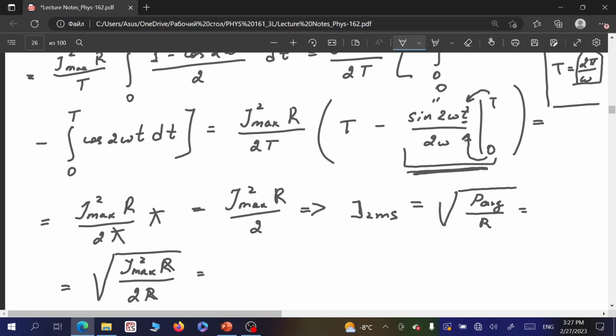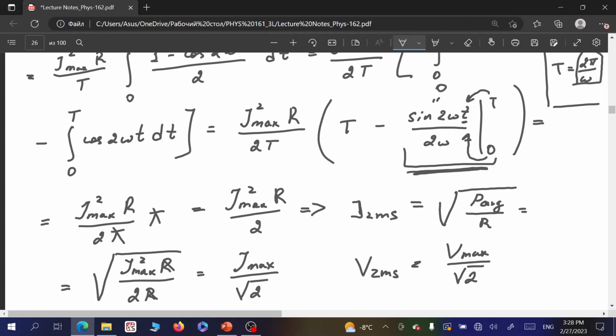That will be equal to I maximum divided by square root of 2. We can also write similarly for VRMS for voltage, and that will be V maximum divided by square root of 2. So that's how we determine the RMS value of AC current and voltage.